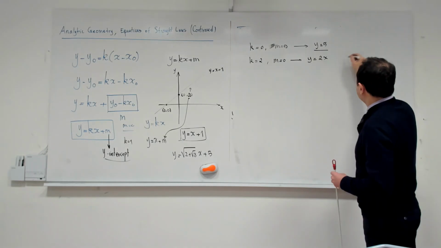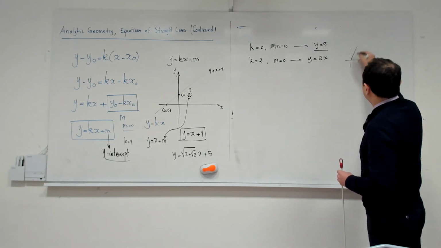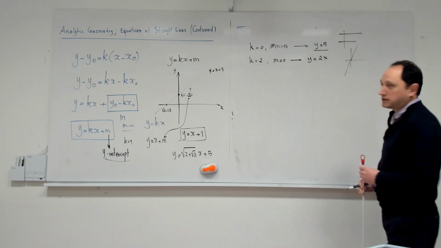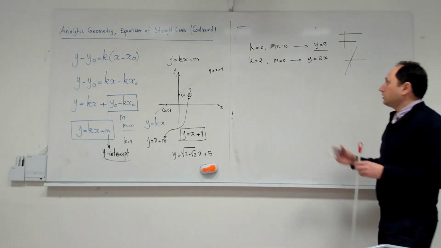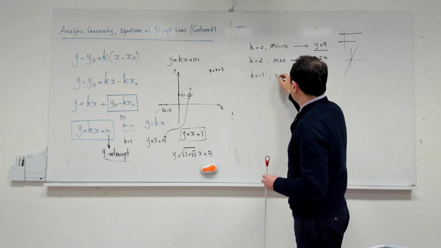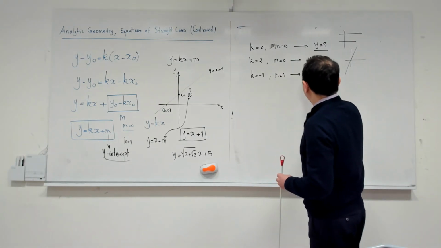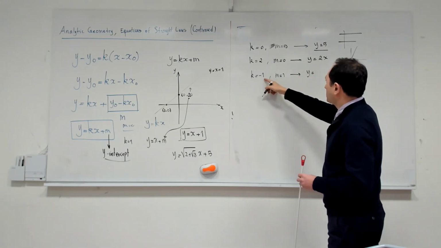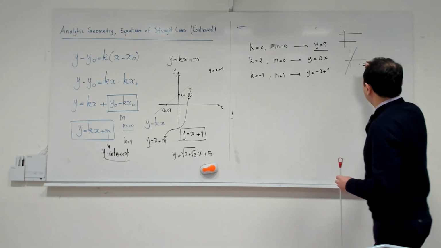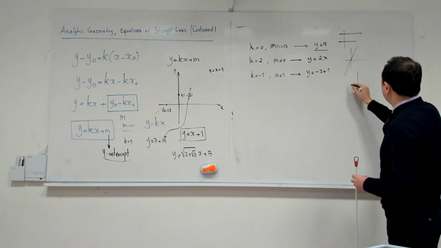If you draw this line, it would be something like this. If I choose k equals -1 and m equals 1, then the equation would be -1 times x, which is -x plus 1. And if you draw that one, it would be a line like this.